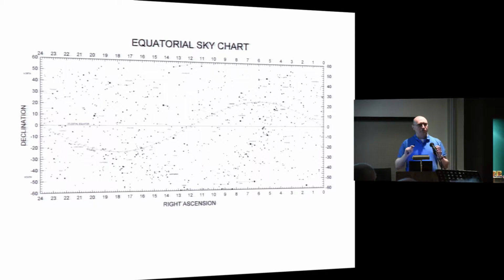Now, partly to facilitate hand computation, we don't just count degrees starting from here, because then you'd have degrees up to 360. We split the ecliptic into 30-degree segments, okay? And each of these segments has its own name. There are 12 of them. And then we say how many degrees and how many minutes and seconds are we into the segment, the sign.